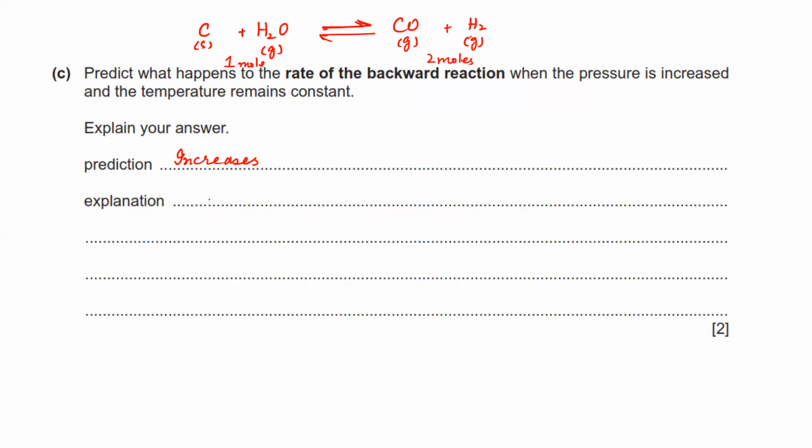Explanation: you can say that the equilibrium will shift to compensate the increase in pressure.